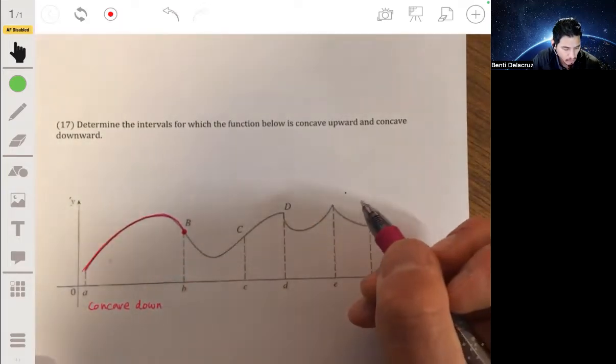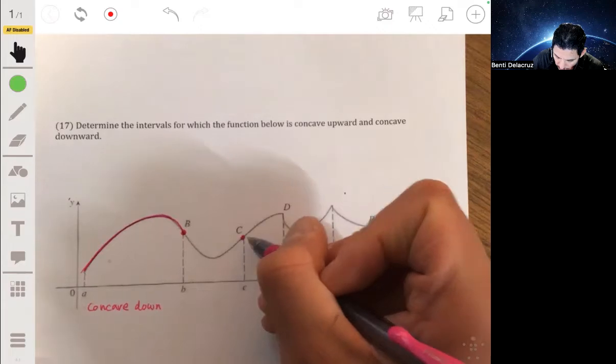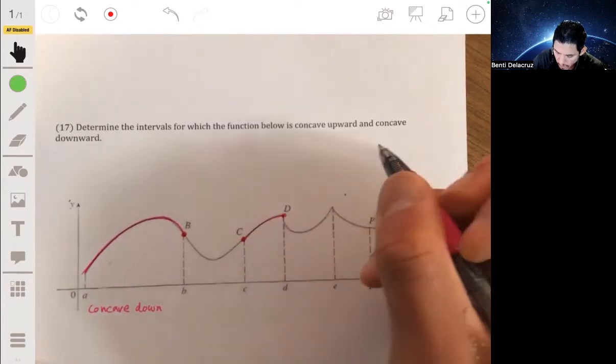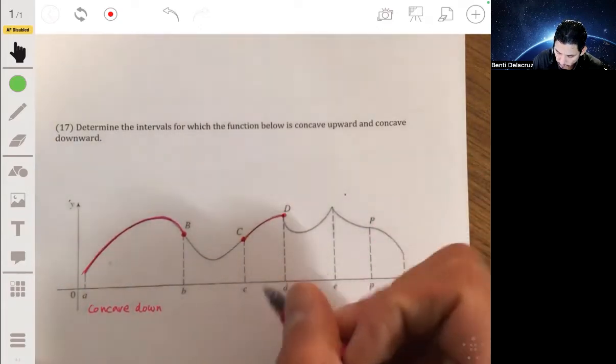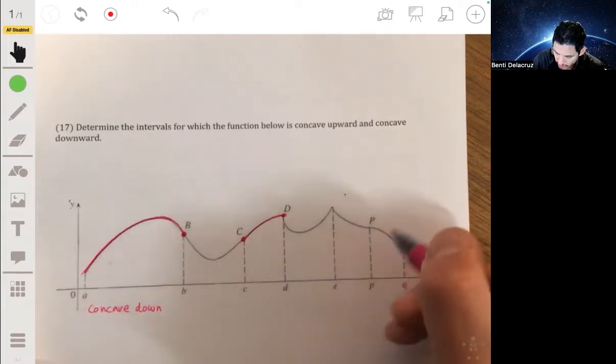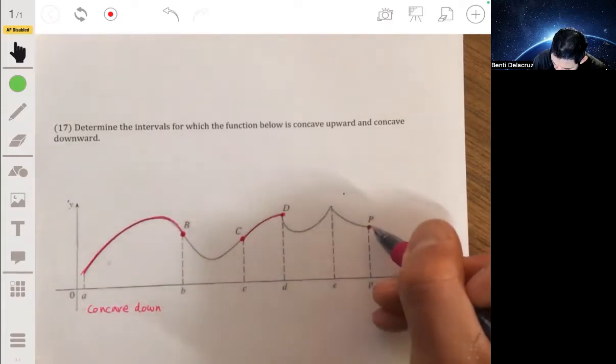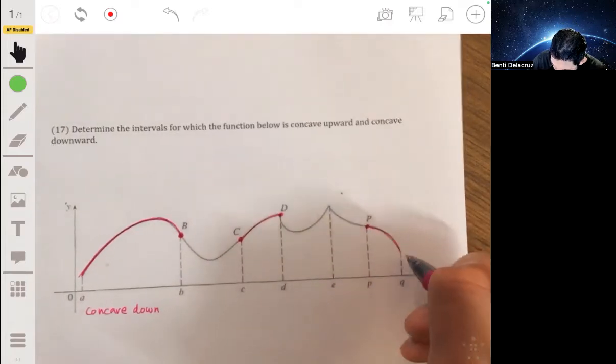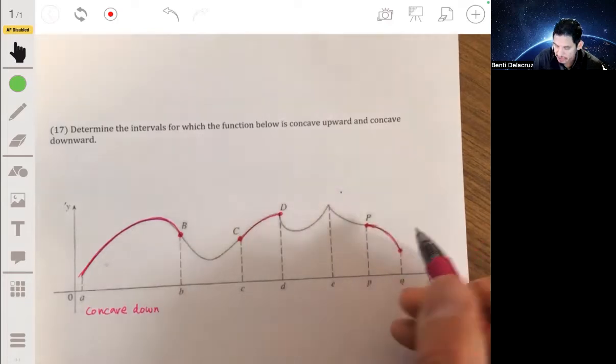Concave down there. From here to here, it's concave down. And then concave down on this last part. Everything in pink is concave down.